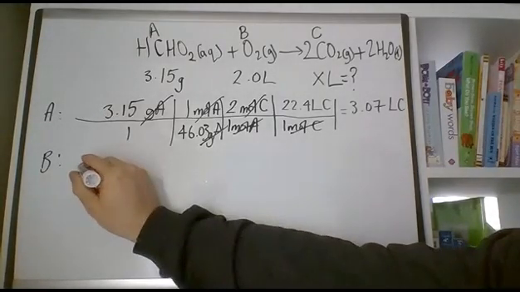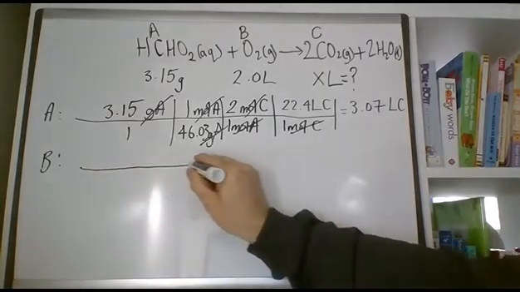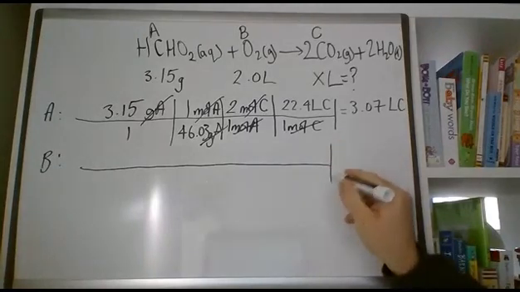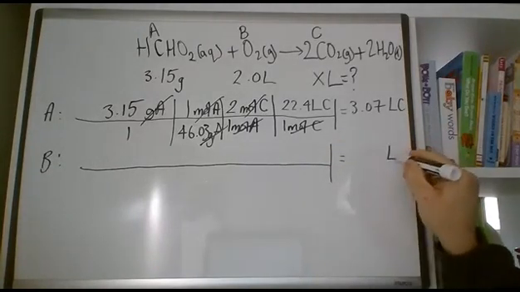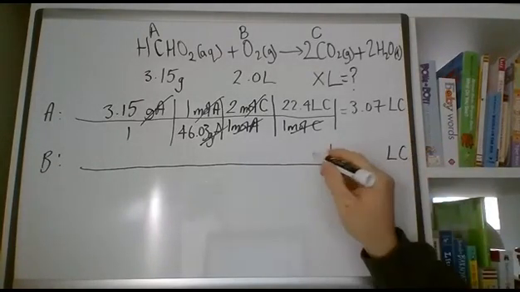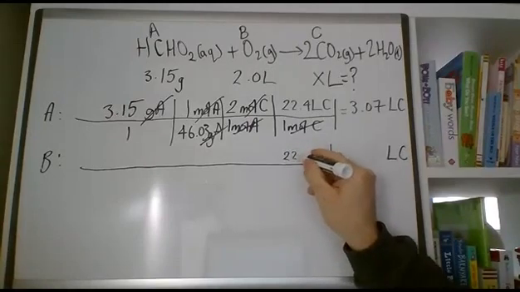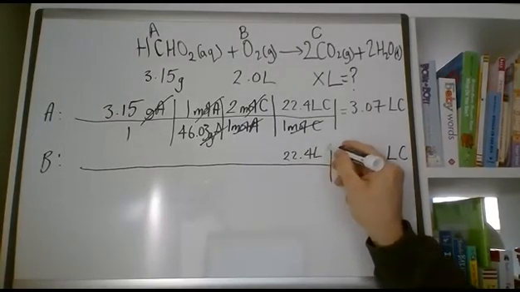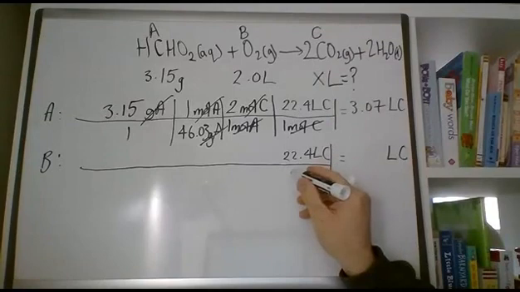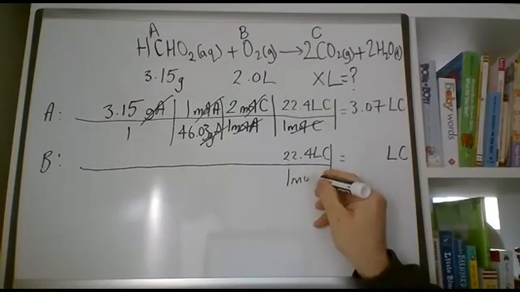We're going to do a similar setup with B, and we're looking for the limiting reagent. I know again that 22.4 liters of this chemical is equal to 1 mole of that chemical.